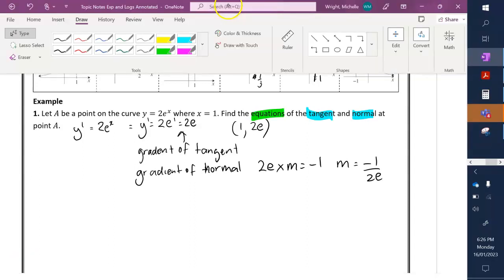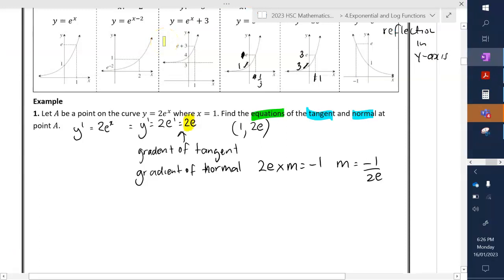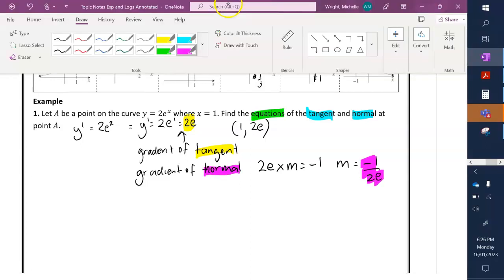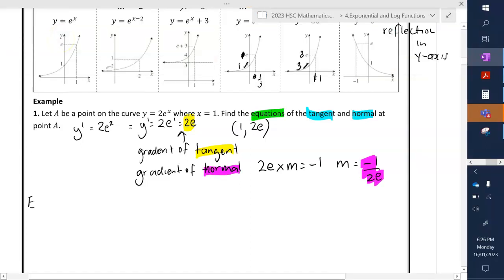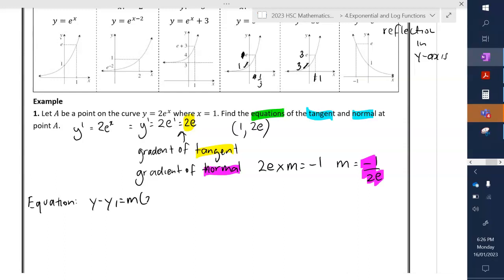Now that we have our gradient of the tangent, and we also have our gradient of the normal, we can find our equations of both of those. The formula we're going to use is y minus y1 equals m times x minus x1. Not on your HSC formula sheet, guys. You need to memorize that one and know that when we're looking for an equation, that's what we're going to do.